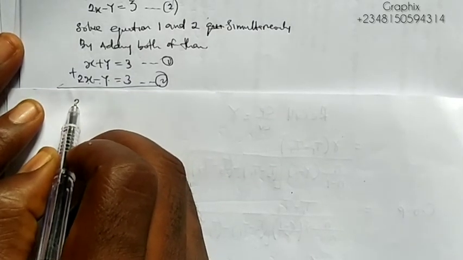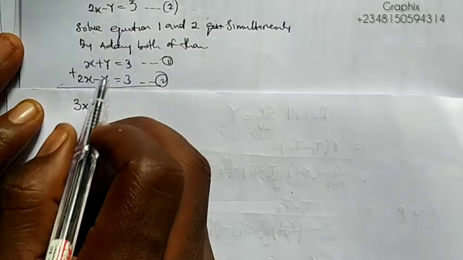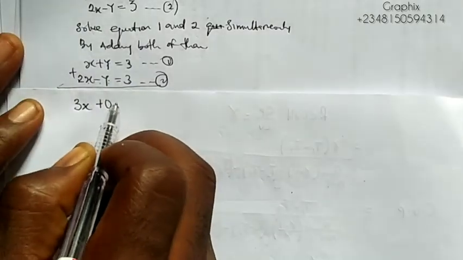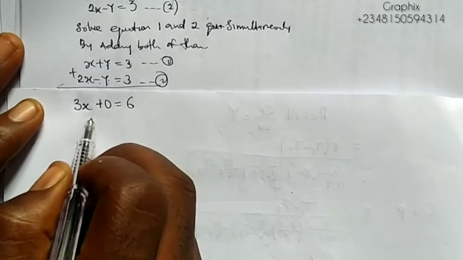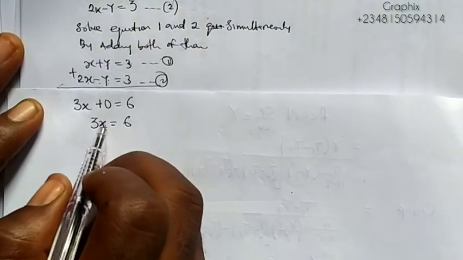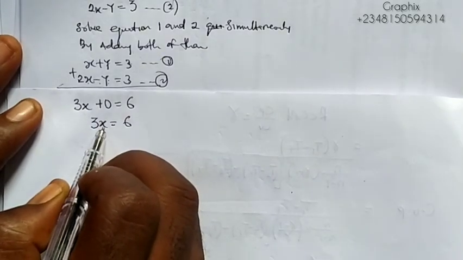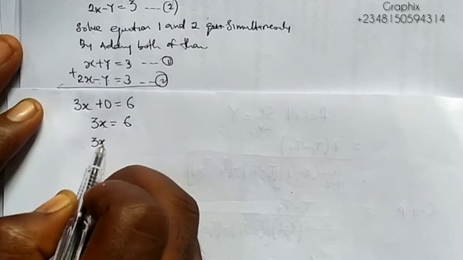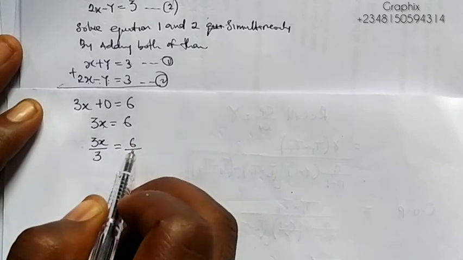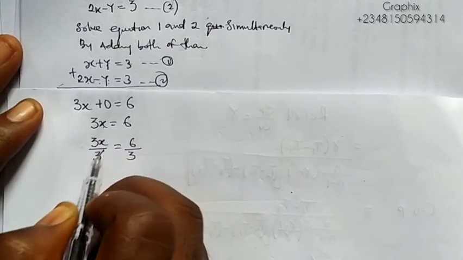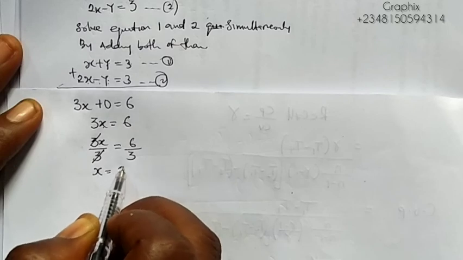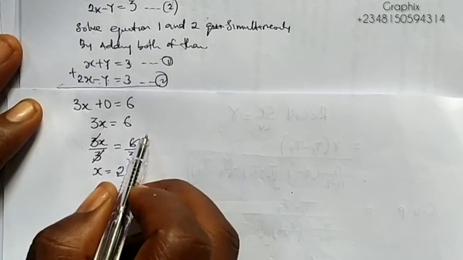So we have 3x, and y minus y will give you 0, plus 0 is equal to 3 plus 3, which gives 6. So I'll be left with 3x is equal to 6. If you divide both sides by the value close to x, because you want x to stand alone, we have 3x all over 3 is equal to 6 all over 3. This will equate this. So x will be equal to 2, because 3 in 6 is 2.